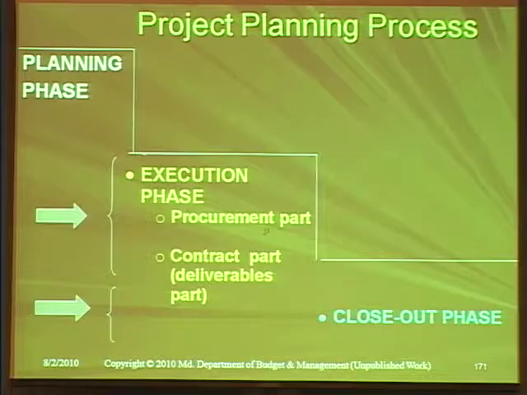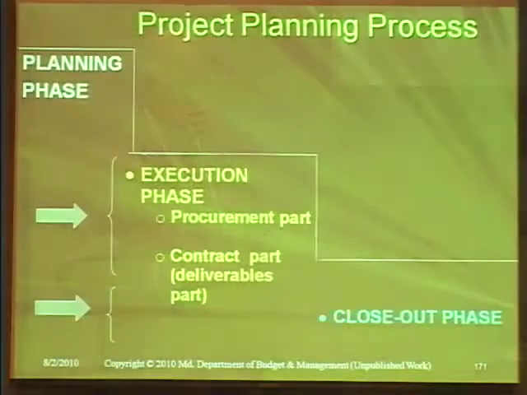Okay, you have planning. Planning leads into the execution, and when you're dealing with a procurement, if you look at the yellow portion, when you're planning, as I said yesterday and as Gary said yesterday, you need to focus not just on the procurement itself, but you need to have a great deal of focus on how you are going to get what the procurement is being done for, the end result.